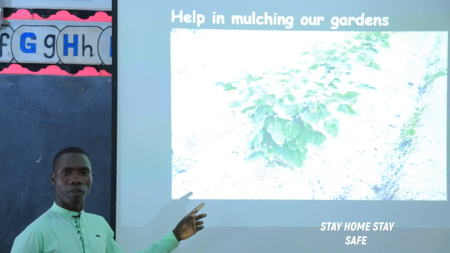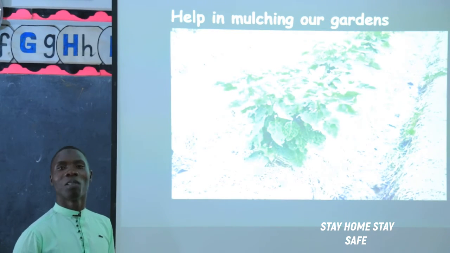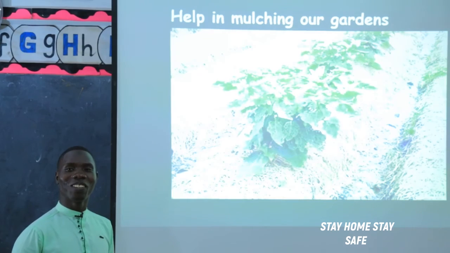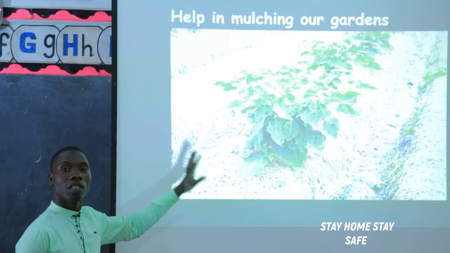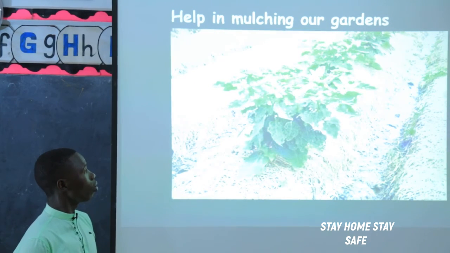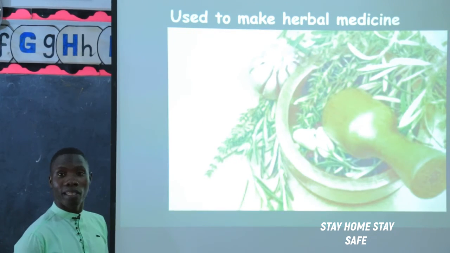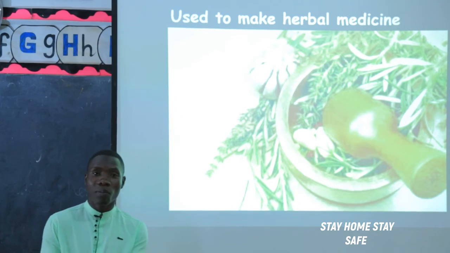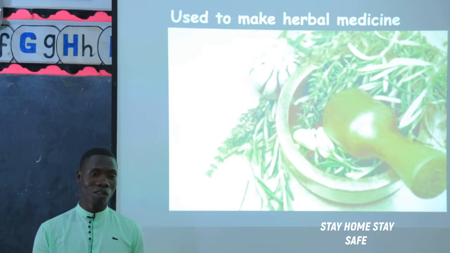You are going to ask Mr. Manika, why do we use the dry grass when we are mulching? I know he's going to answer that question. Now, this is mulching. When we are mulching, we use dry grass mainly. Now, we also have, they can be used to make herbs or herbal medicine. See, when sometimes you are sick, mom does not need to take you to the clinic or to the hospital.